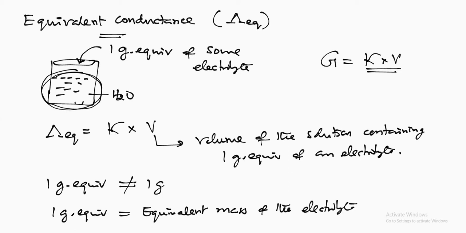Say for example, in the case of sodium chloride, what is the equivalent mass? Sodium chloride is a salt which carries 1 positive charge. 1 molecule of sodium chloride carries 1 positive charge.